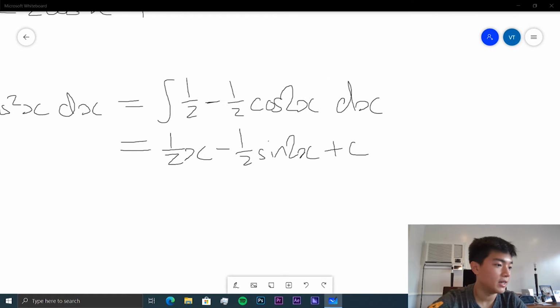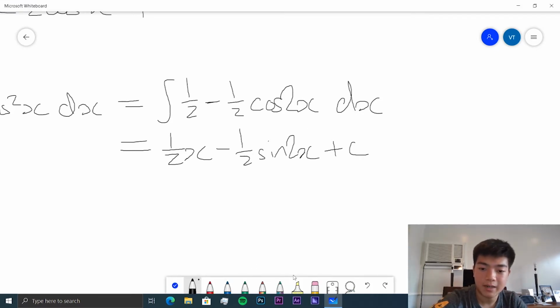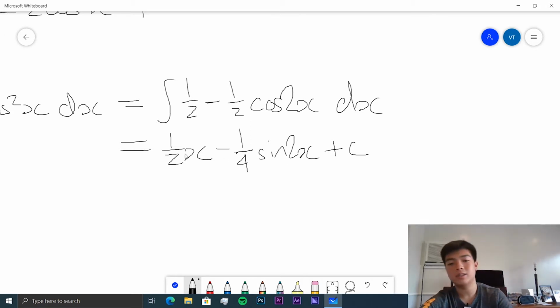So that's part number 1 done. Oh, sorry, it's 1/4 sine 2x, because we have to reverse differentiate the 2 inside here, so it becomes 1/2 x minus 1/4 sine 2x plus c.